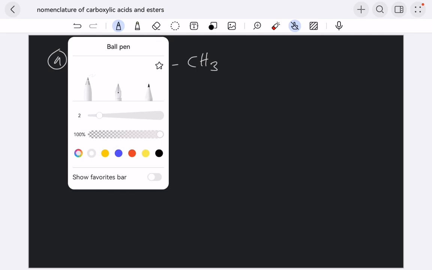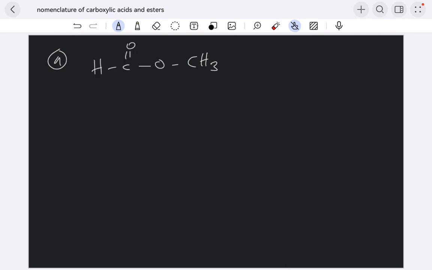Let's say we have been given something like H, O, then CH3. When we follow what we have just discussed, we have this part and this other part.